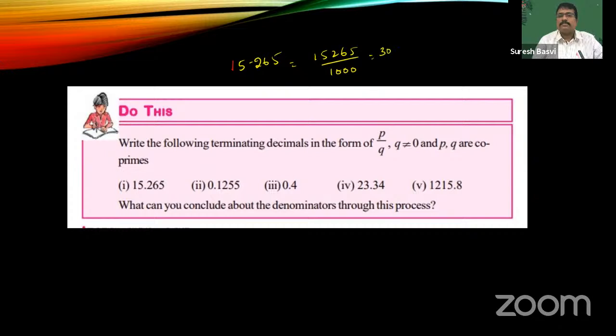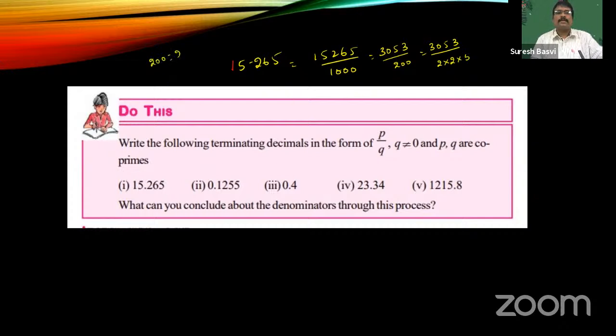So it is nothing but 3053 by 200. 3053 and 200 are co-primes. No problem at all. So this is going to be 2 square, 2 square is 4. One minute.